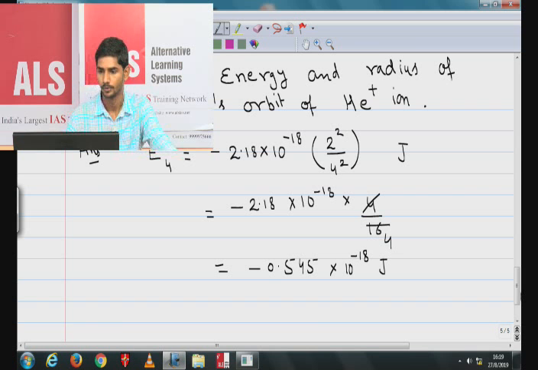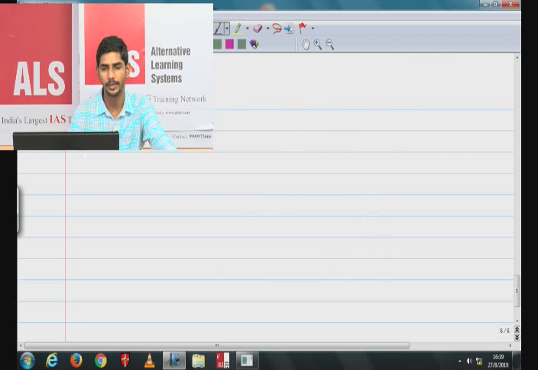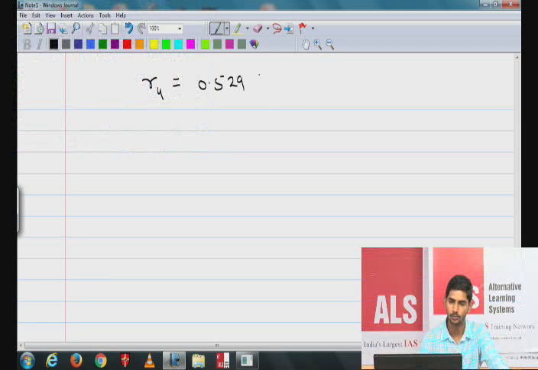Okay. So let's do the next part where you have to calculate the radius, which is 0.529 n square by Z, which is 2 square upon 4 angstrom.